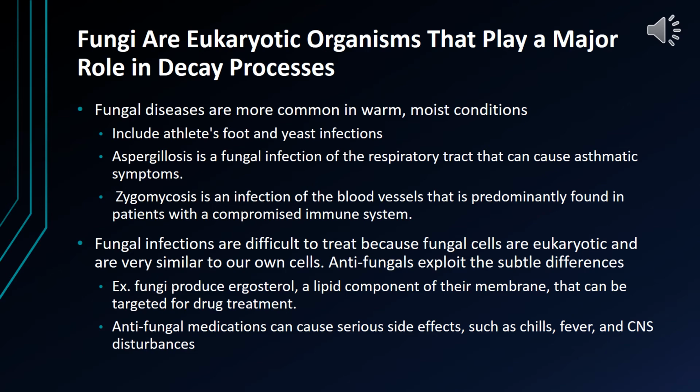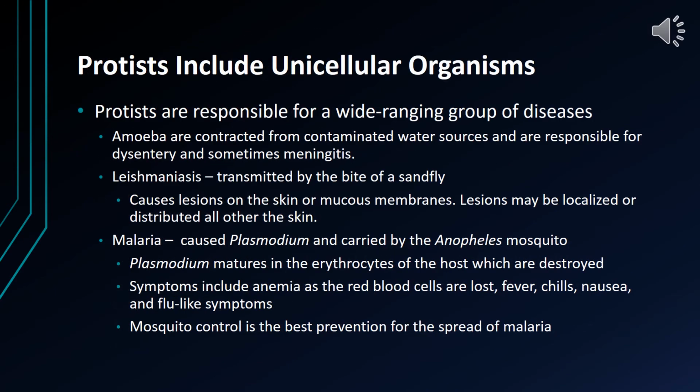However, these antifungal medications can cause serious side effects such as chills, fever, and CNS disturbances, and this is related to the fact that antifungal medications are capable of killing our own body cells. So this is also why it's very difficult to get rid of fungi, like I said earlier.